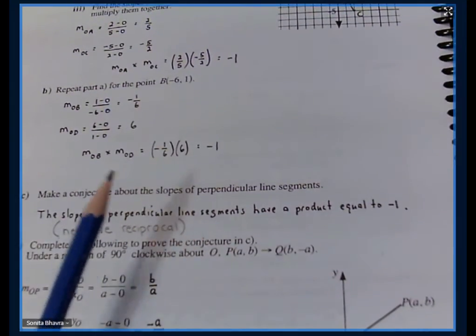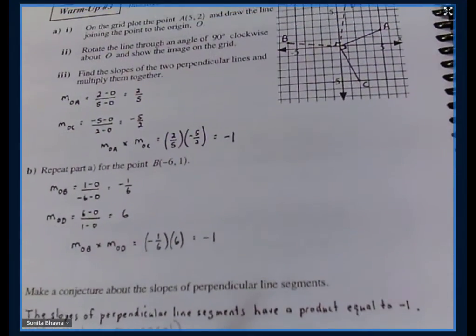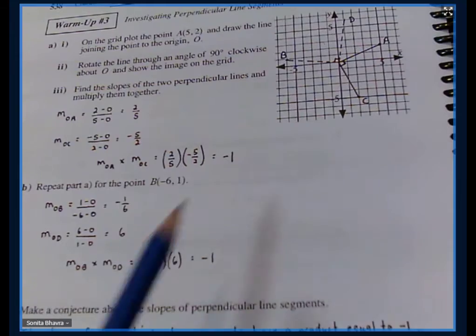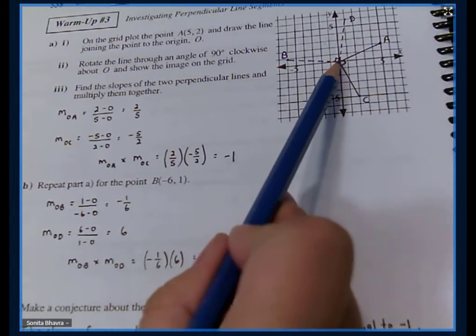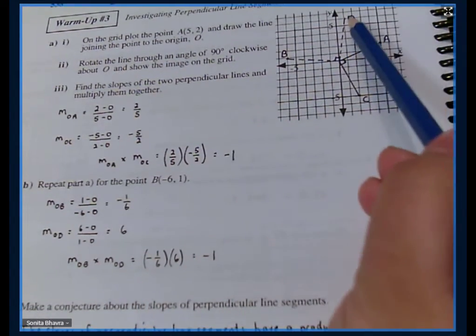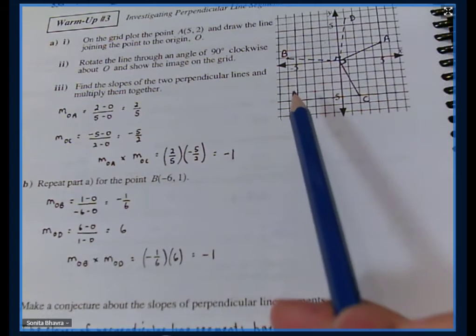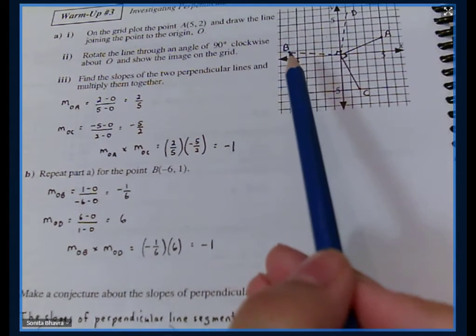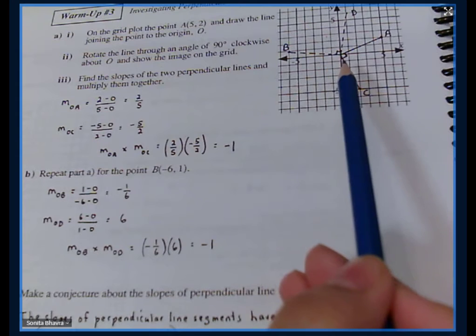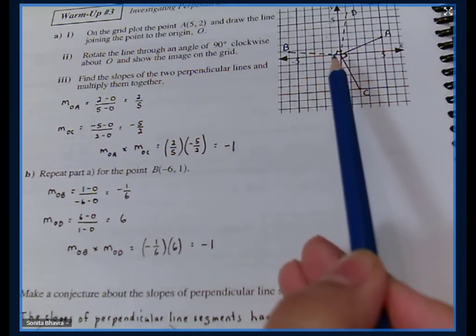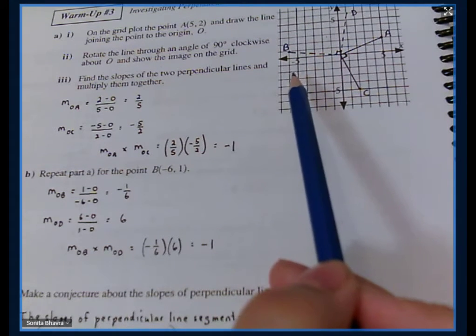All right, so the next example here is for point B. So if we look at B to O and then DO as well. So if we look at our slope here for O to B, the line is going downward. Our slope therefore will be negative.